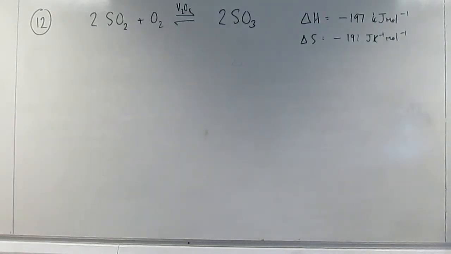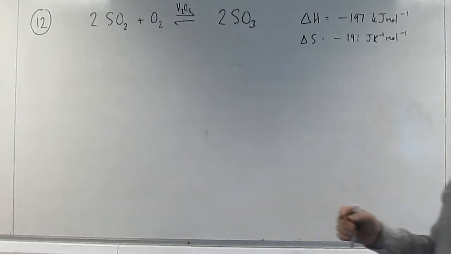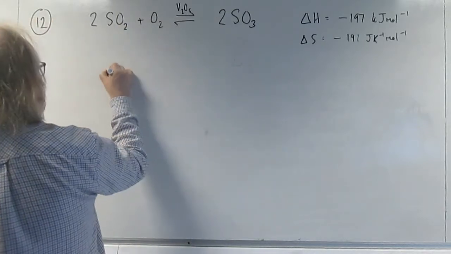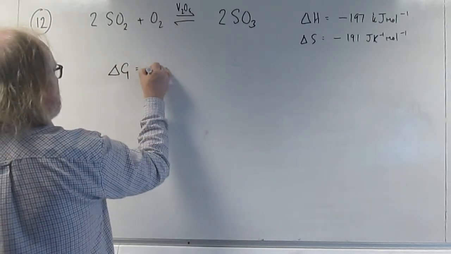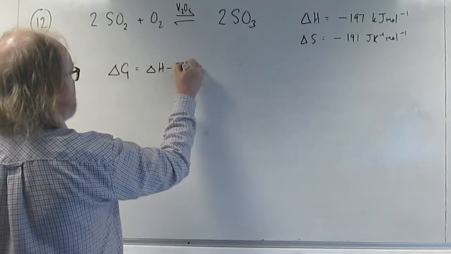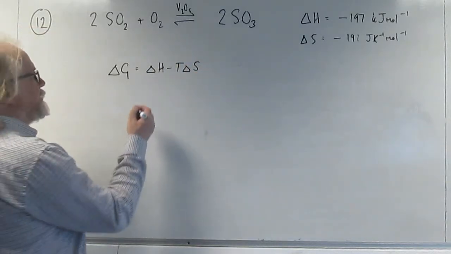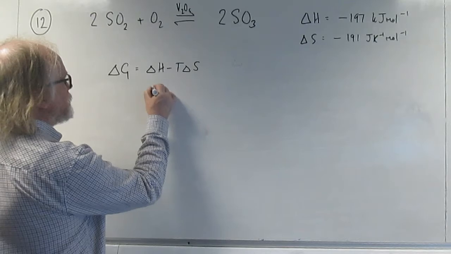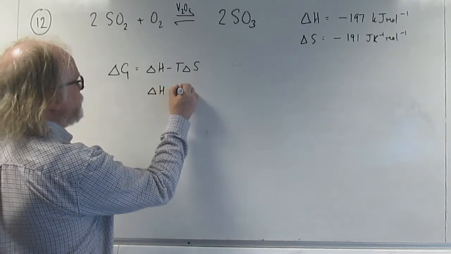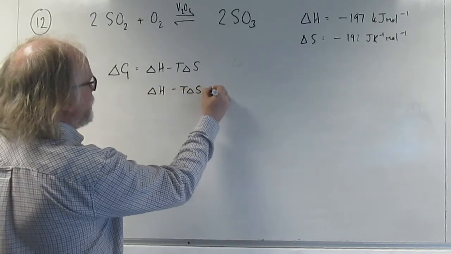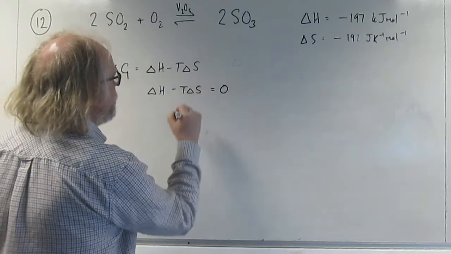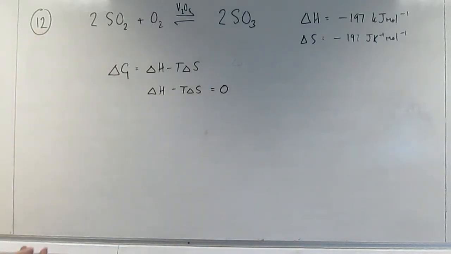The next thing it wants us to find is the temperature at which delta G equals 0. We can find that because, remember, our definition of delta G is delta H minus T delta S. So if delta G equals 0, then delta H minus T delta S is equal to 0 at this particular temperature.